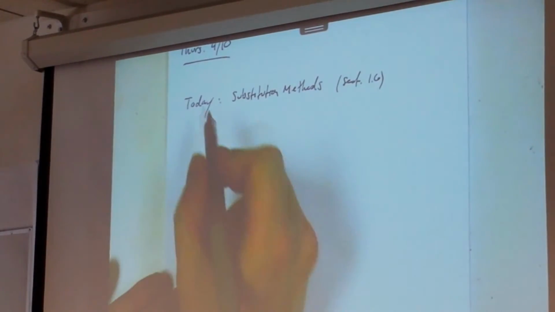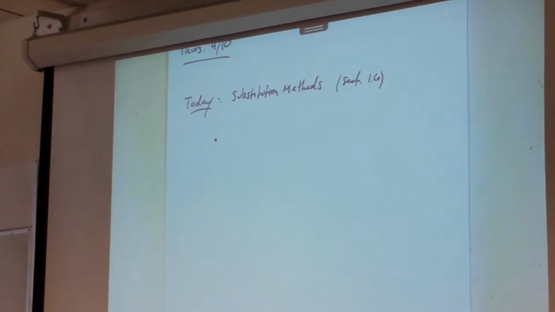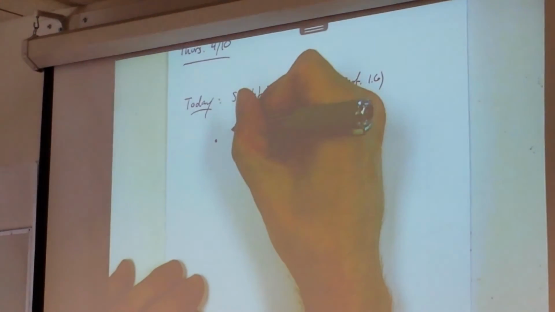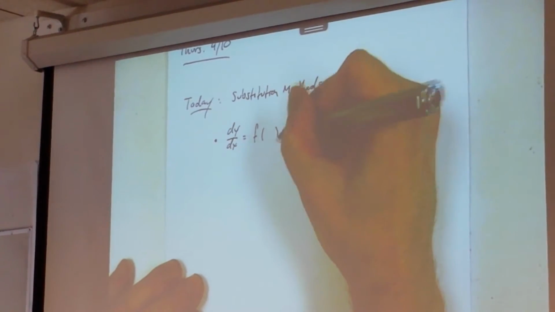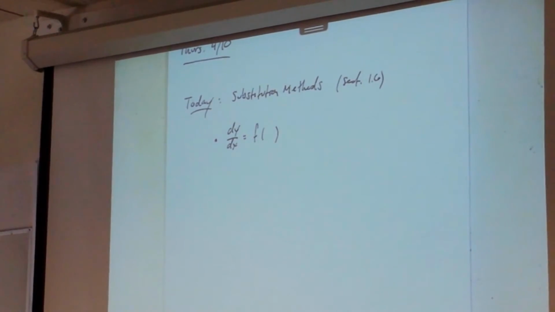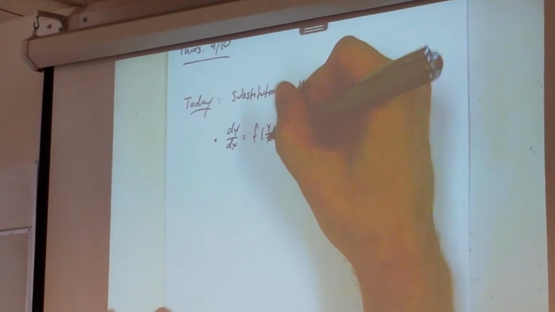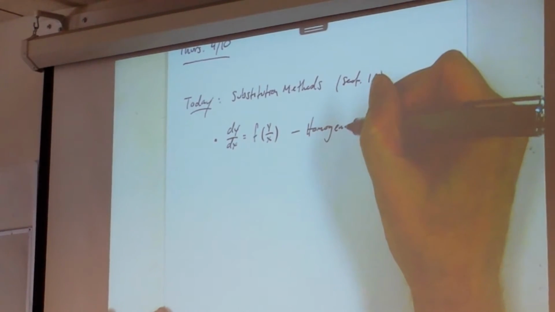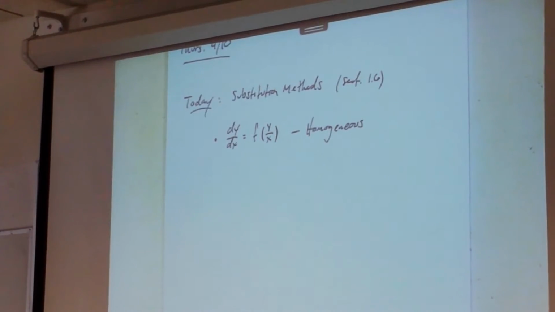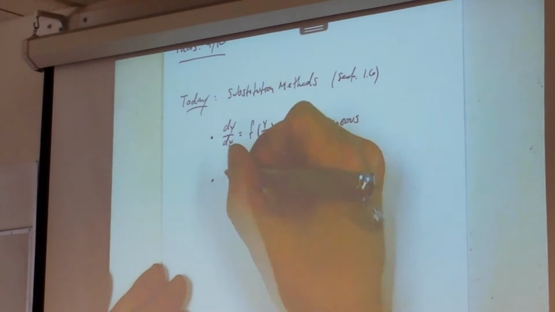To give you a synopsis of the 3 types of things we're going to be looking at: equations of the form dy dx equals f, and not just f of x, that would be integral. But if we have a form where we have some function of y over x, this is called homogeneous. I don't know why they call it homogeneous, because y and x are different. It should be heterogeneous, but that's reserved for something else.